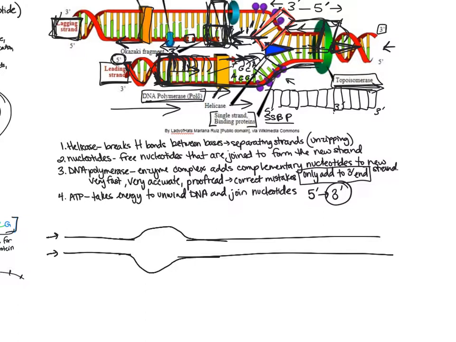We have our helicase going this direction, and we also have a helicase going this direction. In here we have our enzymes, DNA polymerase, adding nucleotide by nucleotide to build the new strand. And what it looks like is a bubble. So this is our replication bubble.